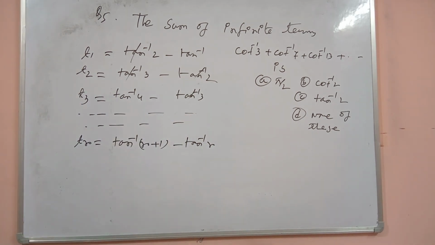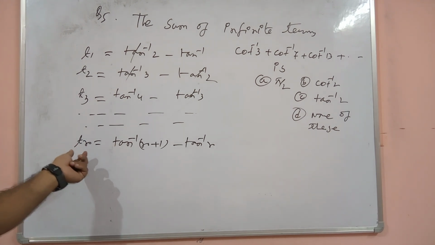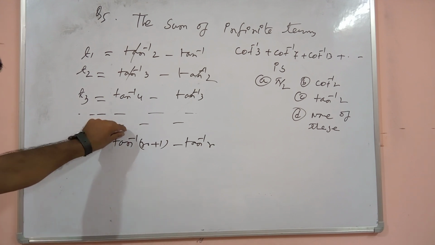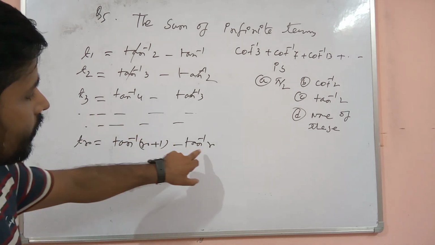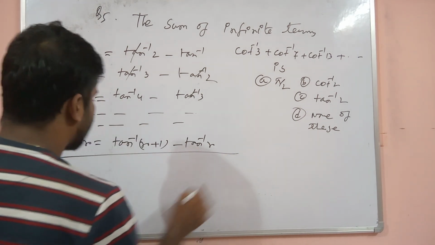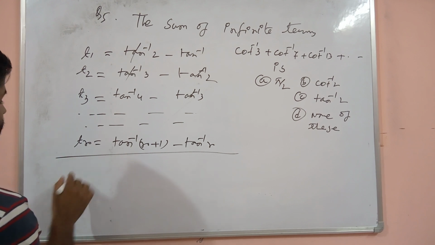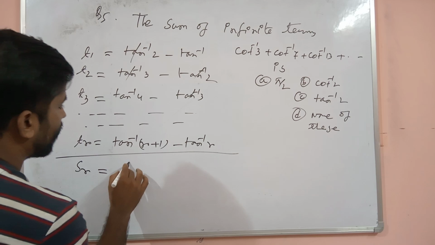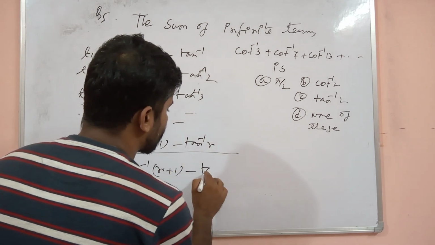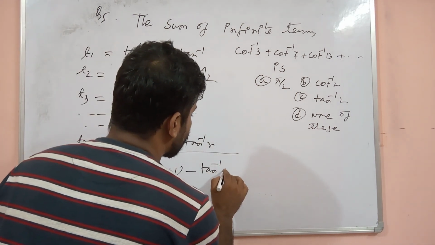Okay, so as it is the rth term, its previous term will be the suffix r minus 1, and therefore there shall be a term which will be cancelled by this term. So after addition we shall get the suffix r would be tan inverse r plus 1 minus tan inverse 1.